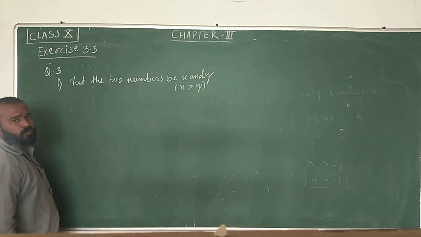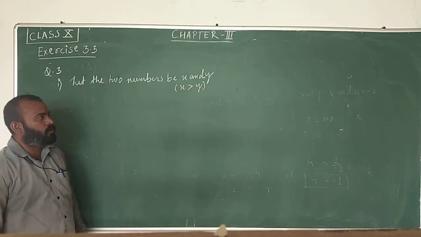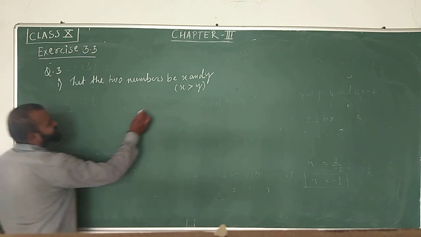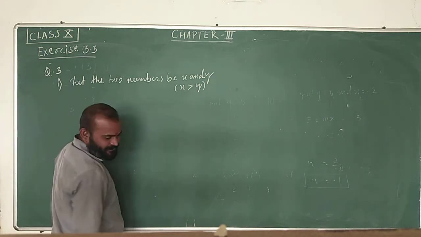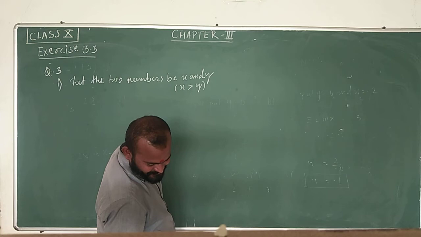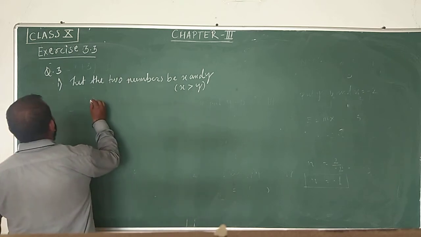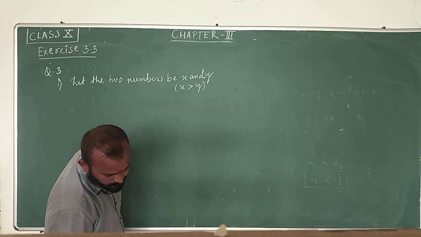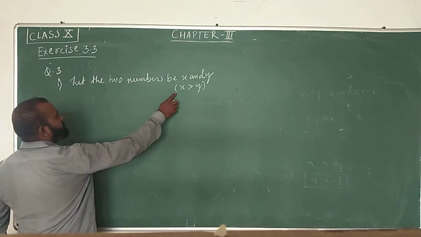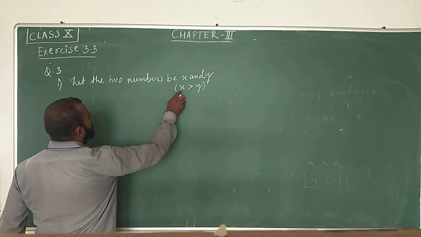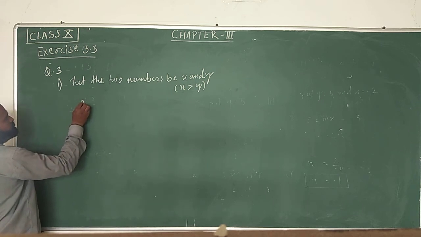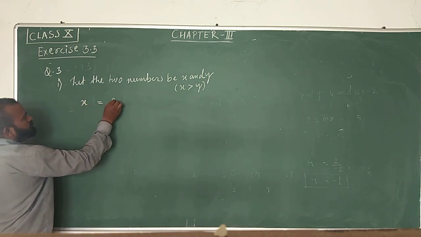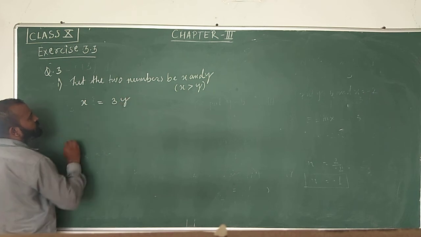Take x as the bigger one first, okay. So the difference is 26, and one number is 3 times the other. So it is the greater one, so we can write x equals 3y.